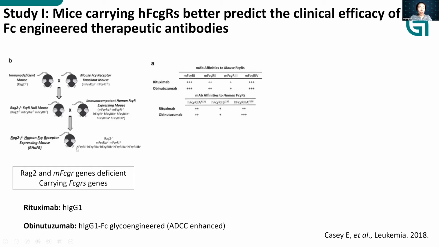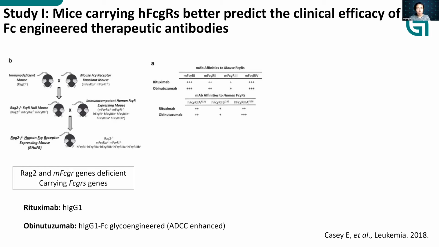So here, what was used are two mouse models, both of them having the RAG2 knockout, which is basically to enable the mouse to take in human tumors. And one is the control mice.